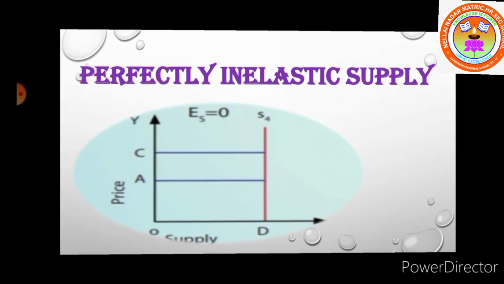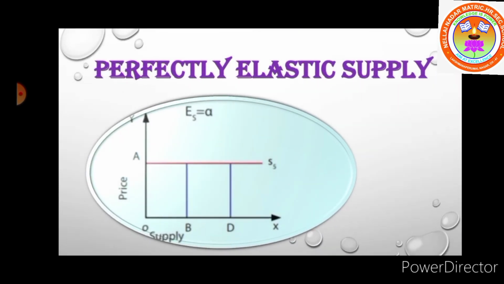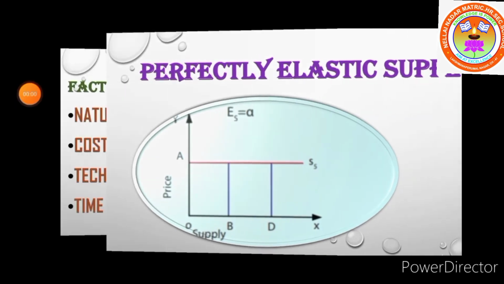Next, let us see perfectly elastic supply. The coefficient of perfectly elastic supply is infinity. A 1% change in the price of a commodity causes an infinite change in the quantity supplied of the commodity. The perfectly elastic supply curve is horizontal.